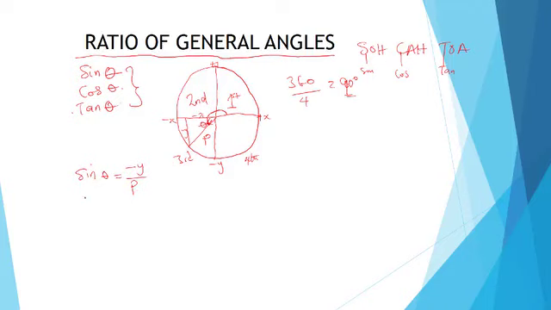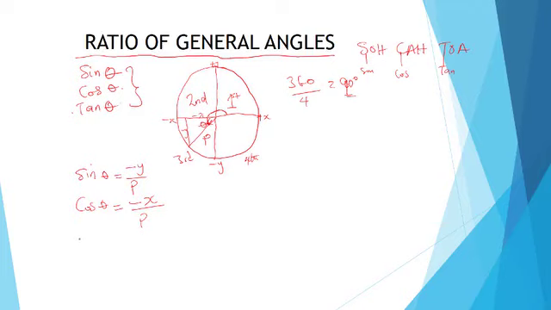Now we also deal with cos theta. Cosine is adjacent over hypotenuse. The adjacent is minus x, the hypotenuse is p, so this is minus x over p. That is to say, cosine in the third quadrant is also negative.